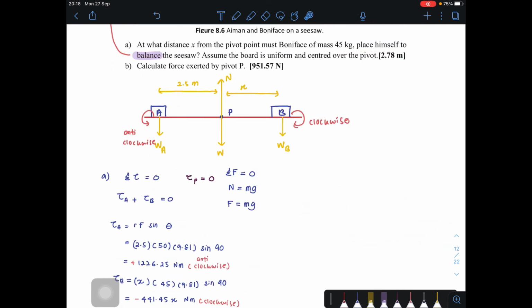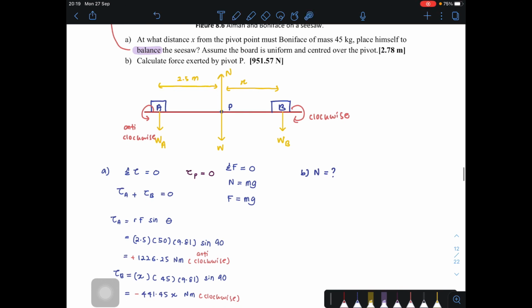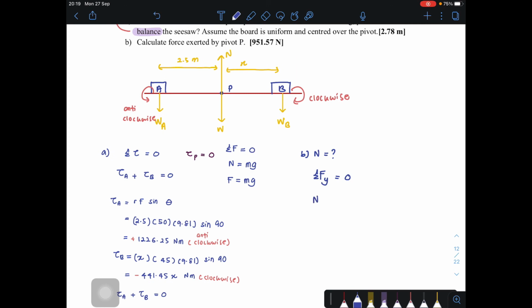Okay, next one, calculate the force exerted by pivot P. So at pivot P, the force exerted here is actually the value of the normal force. So we want to find this value for the normal force. From this free body diagram here, the sum of Fy is equal to zero, which is N minus W minus WA minus WB equals zero.